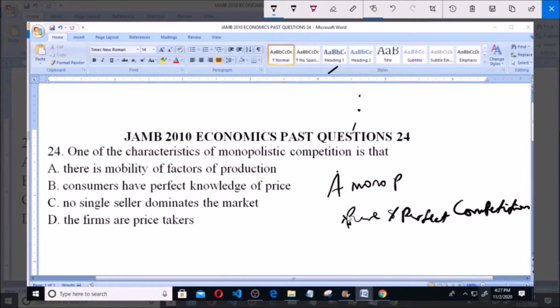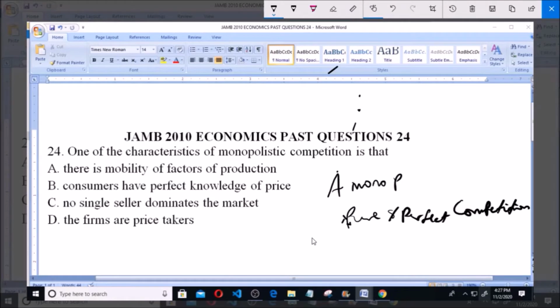The following are the characteristics. One, there is product differentiation, that is, products are heterogeneous in nature. Two, different prices rule the market. Three, there is a single producer or supplier or firm of a particular commodity and many buyers. They can discriminate due to different elasticities of demand for the products. There is underutilization of resources.